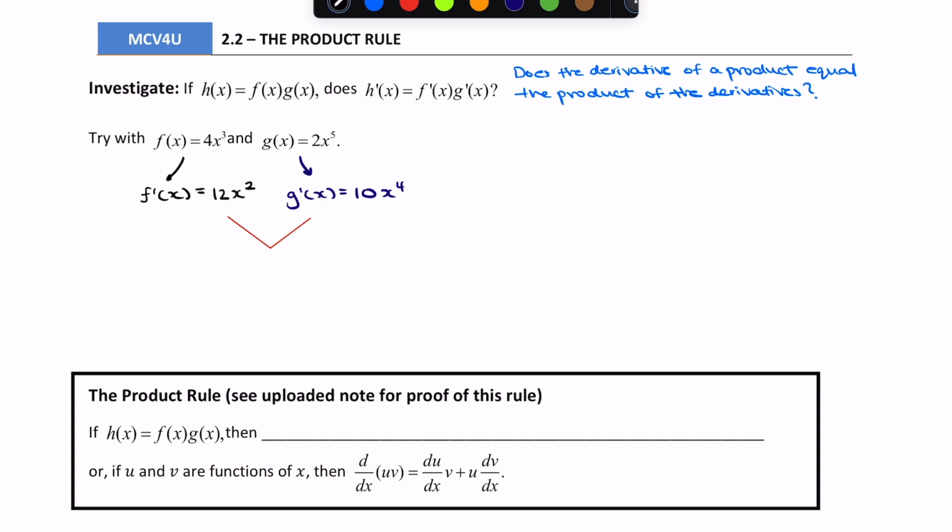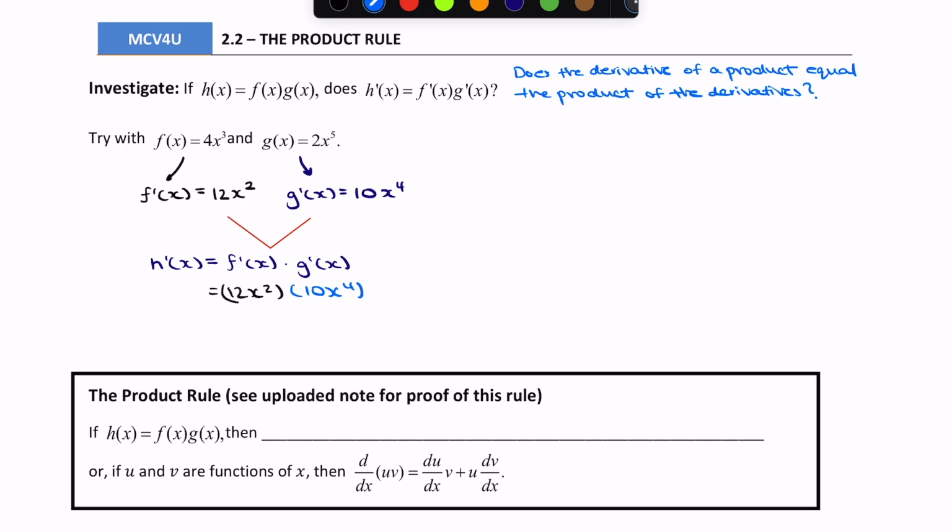So here, if we look at h prime of x is equal to f prime of x times g prime of x, we see that f prime of x is equal to 12x squared, and we see that g prime of x is equal to 10x to the power of 4.